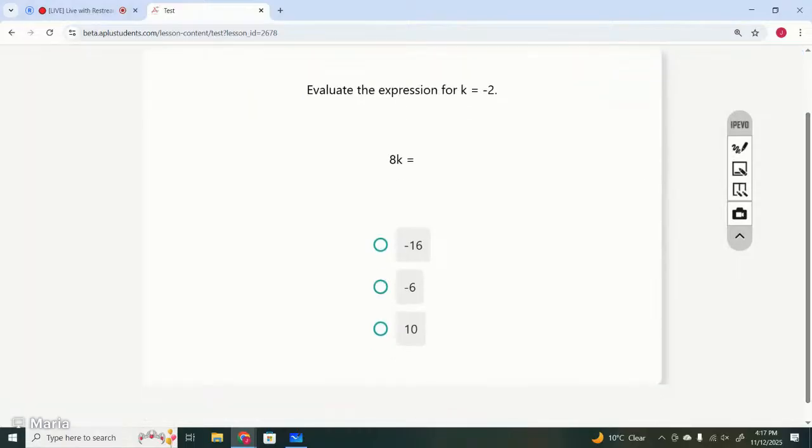Evaluate the expression for k equals negative 2. Which is the correct option?